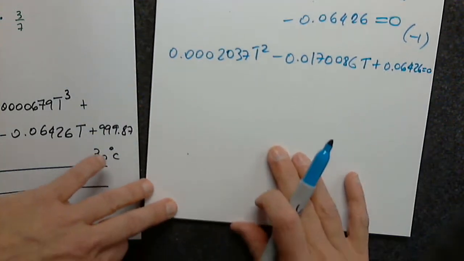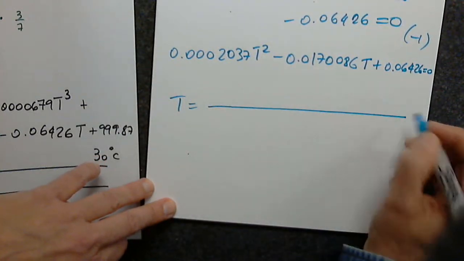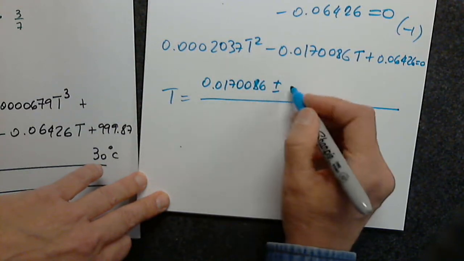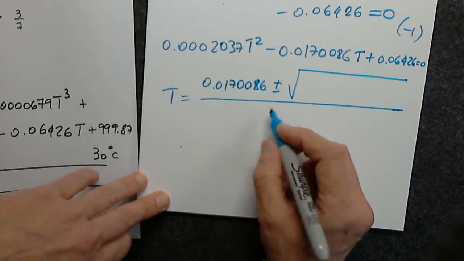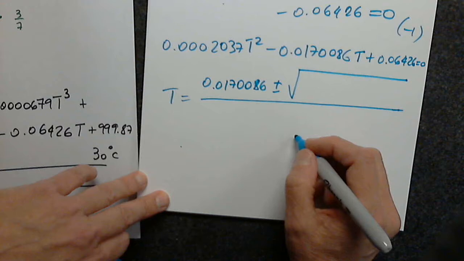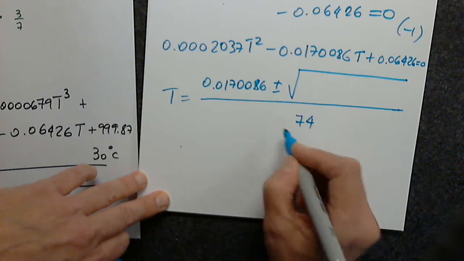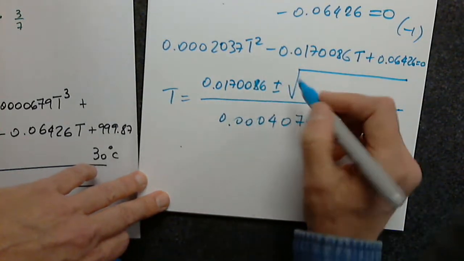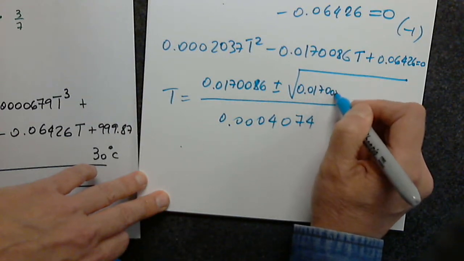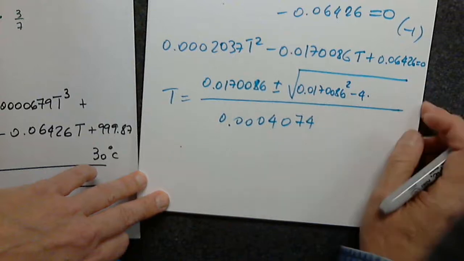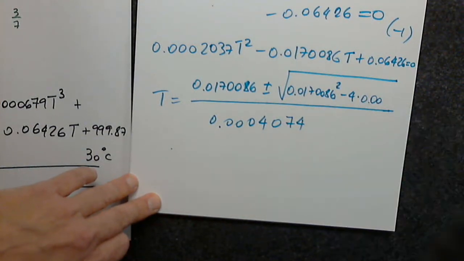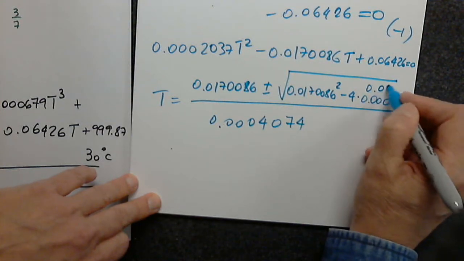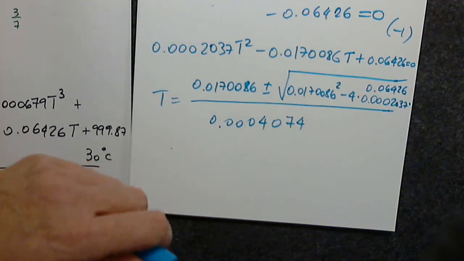Now the quadratic formula, of course. 0.0170086 plus or minus the square root of 0.0170086 squared minus 4 times 0.002037 times 0.06426, over 2 times 0.002037, so 0.004074.